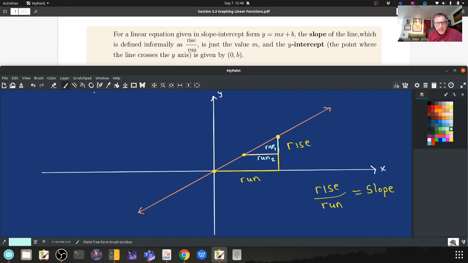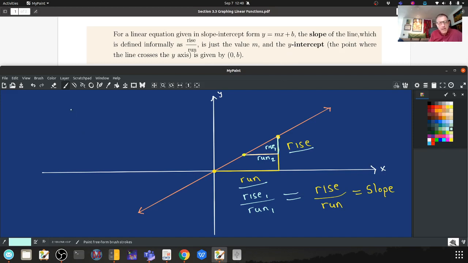As it turns out, because these triangles are similar, the rise 1 over the run 1 is exactly the same ratio as this rise over this run. So it doesn't matter which 2 points I pick, the ratio between the rise and the run is always going to be the same, and that's going to be the slope.